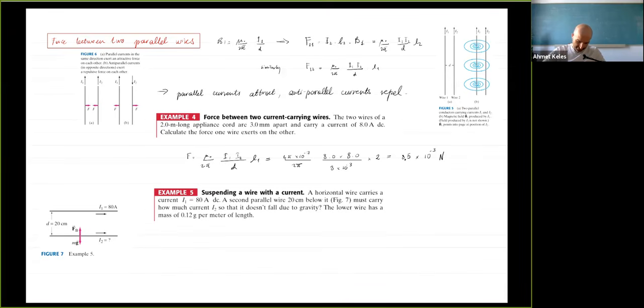So for that, the magnitude of FB should be equal to mg.